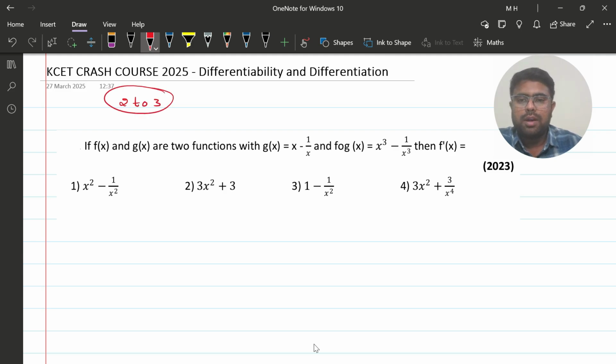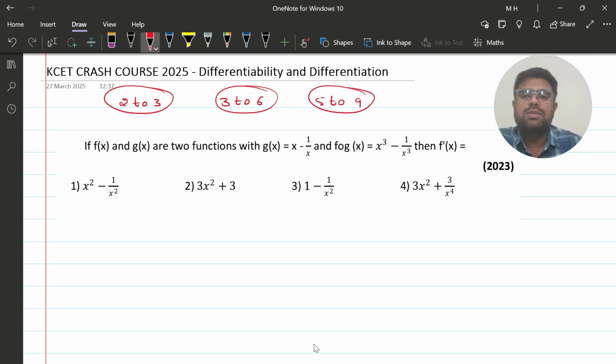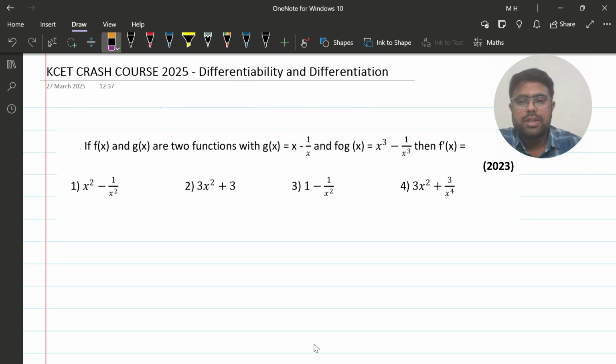But from differentiability and differentiation, you can expect anywhere between 3 to 6 questions. So from minimum to maximum, you can get around 5 to 9 questions without any issues from limits, continuity, differentiability, and differentiation.